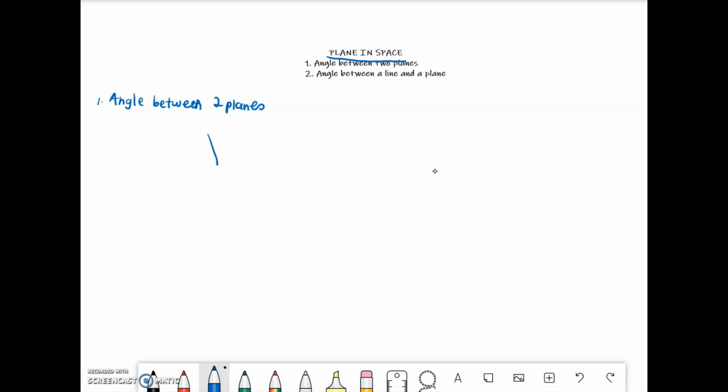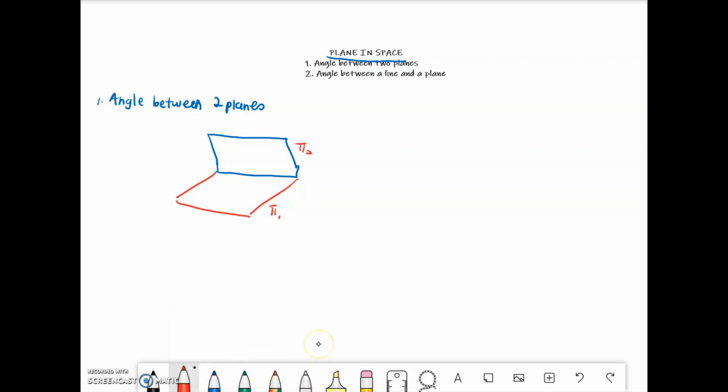Let's say we have two planes, so the first plane denote as pi1 and the second plane denote as pi2.